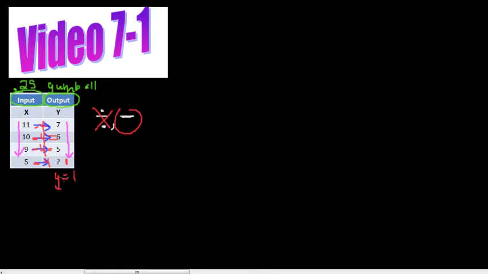Okay? And we're also going to write a rule. And the rule for this one is you take whatever X is, and we subtracted 4 from all of these X values right here, and we ended up with Y. You could also write it Y equals X minus 4.